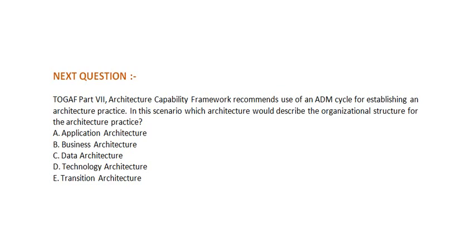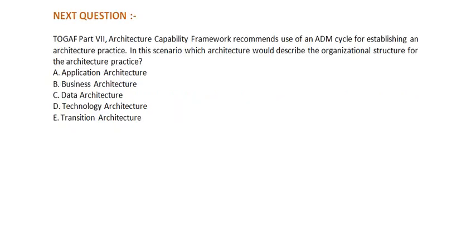Option B, business architecture. Option C, data architecture. Option D, technology architecture. And option E, transition architecture. The correct answer is option B.